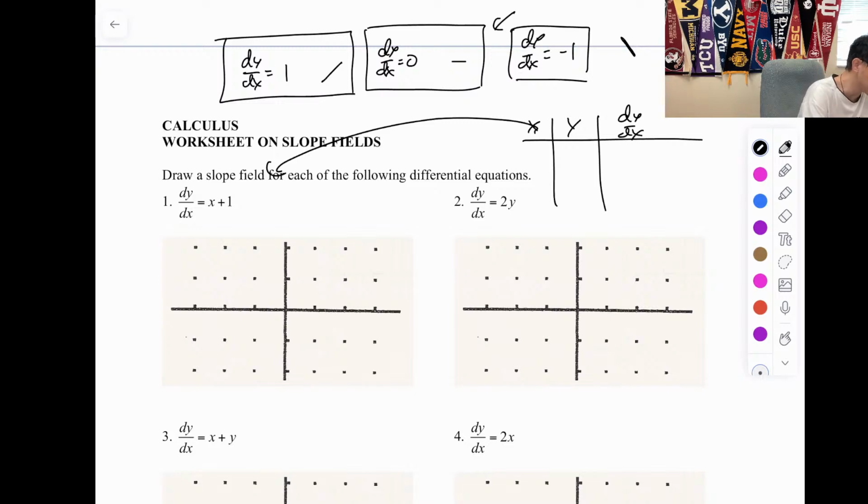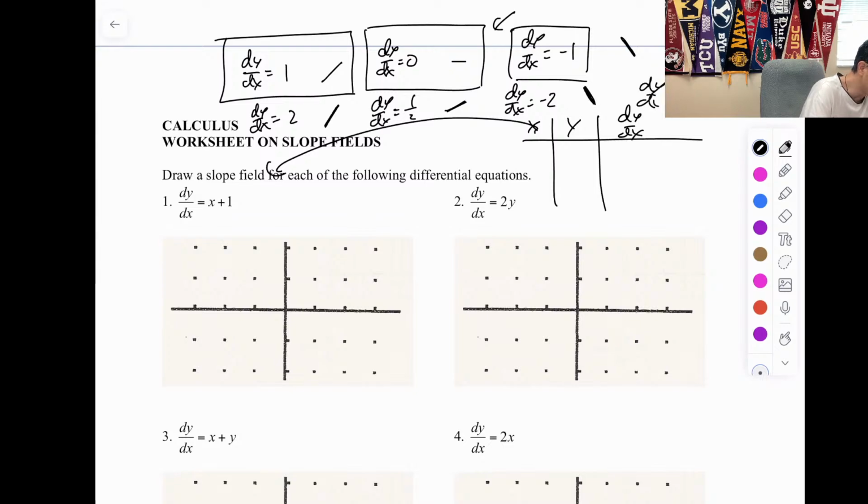Now, of course, if dy dx is equal to 2, then it's going to be a little bit steeper. The AP exam is not very picky about how steep you draw it. And if dy dx is equal to 1/2, then it's going to be a little bit flatter, because it goes up 1 for every 2. And if dy dx is equal to -2, it's going to be a little bit steeper like here.